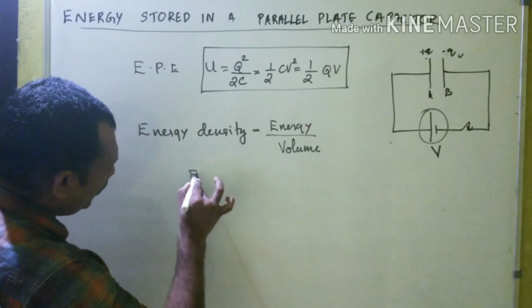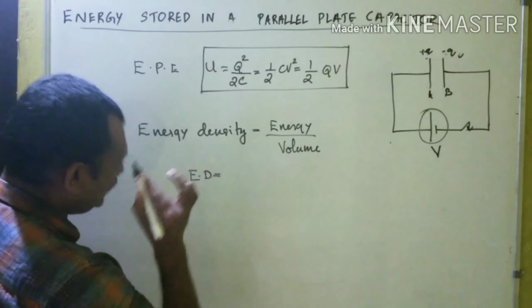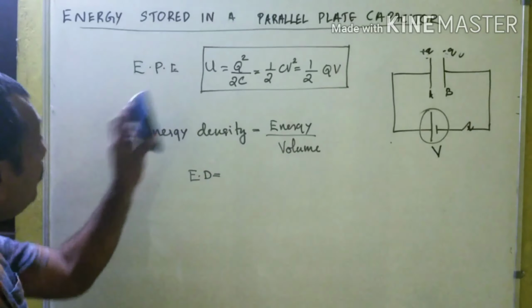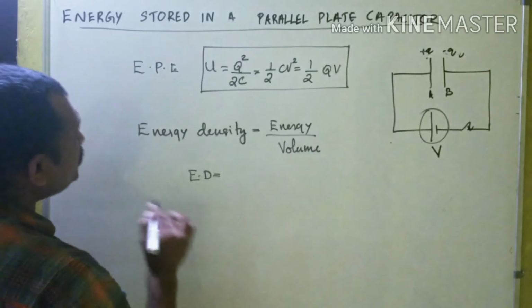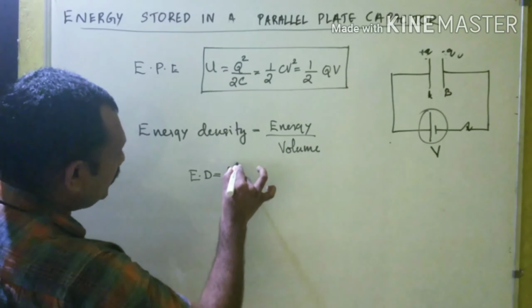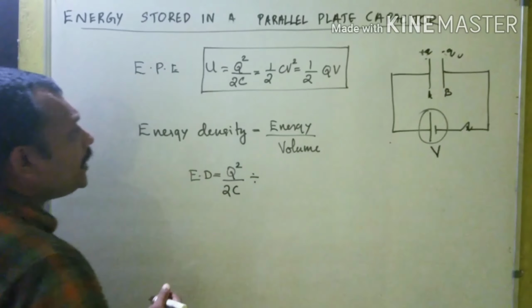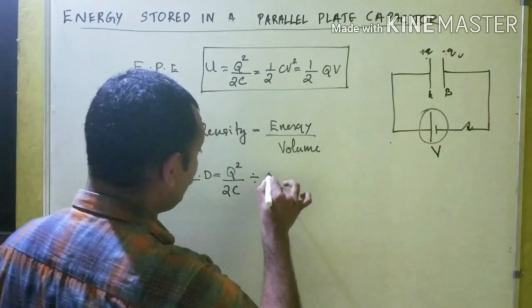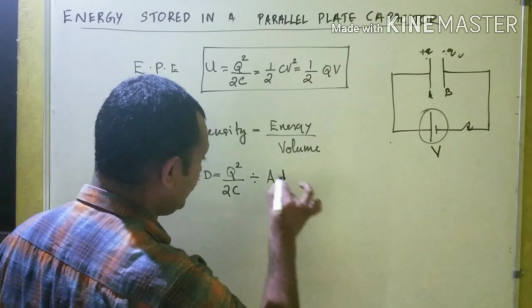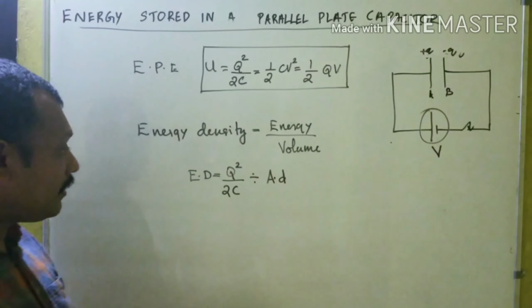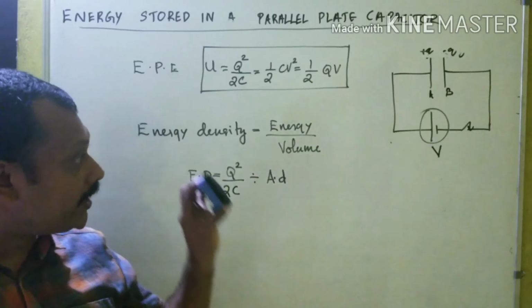So I abbreviate energy density by ED. Energy per unit volume. Energy is Q square by 2C divided by volume of the capacitor. That means I can say it is A into D. What is A? Area of the plates. What is D?